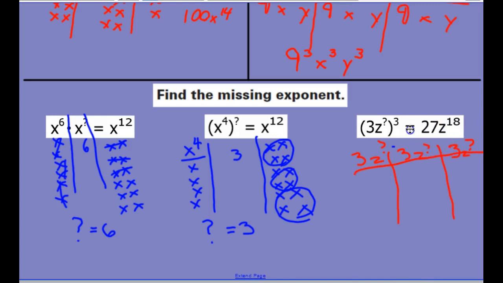What we're trying to find out is how many groups of, we have 3 groups of something. How many z's are going to be in each of those 3 groups? Well, 18 divided by 3 then is 6. So we know that in each of these groups we have 6 z's. So our question mark here has to equal 6.